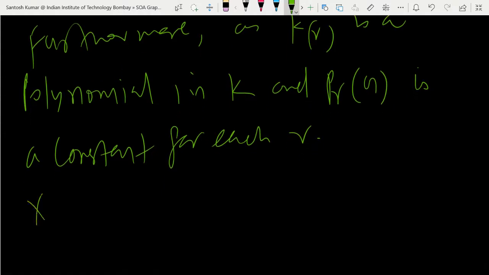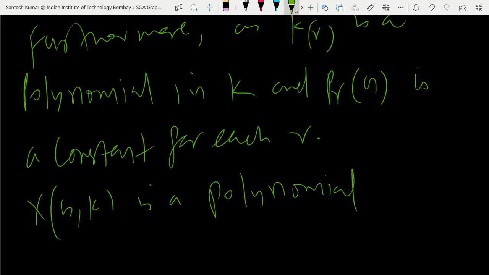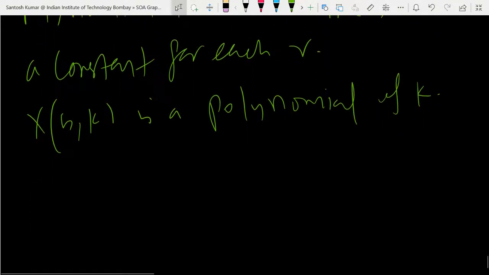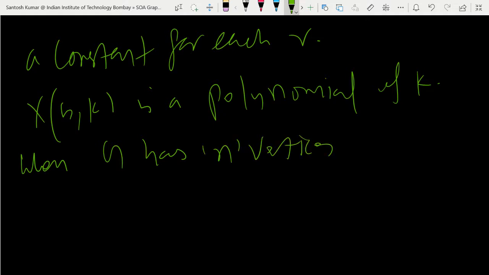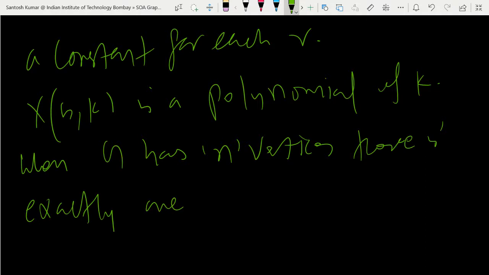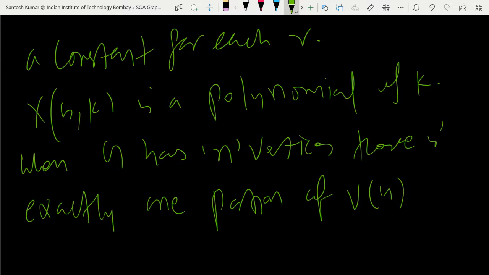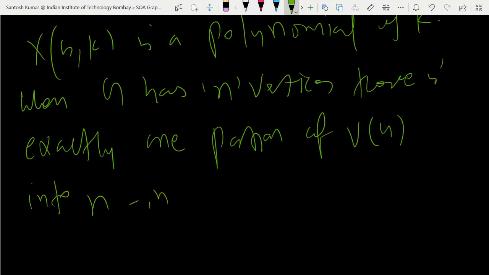So that's why you can say this chi G comma K is a polynomial of K. And when the graph has n vertices, there is exactly one partition of the vertex set into n independent sets.